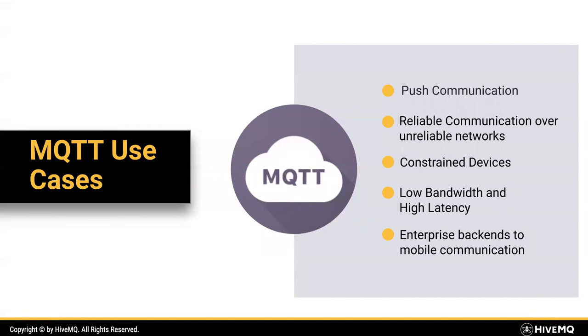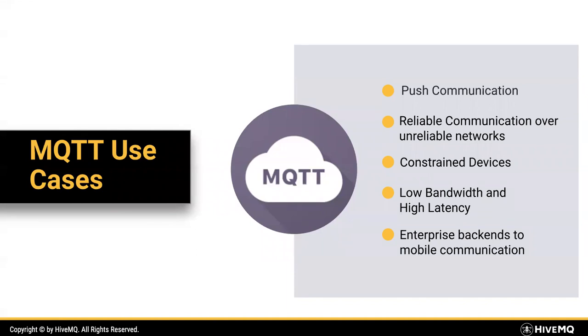Unreliable networks are usually Wi-Fi and mobile networks, but even some wired networks can be unreliable at times. MQTT provides a layer for the application developer where you can assume the unreliable network is reliable. This makes it a very good protocol choice for moving devices like cars and so on.